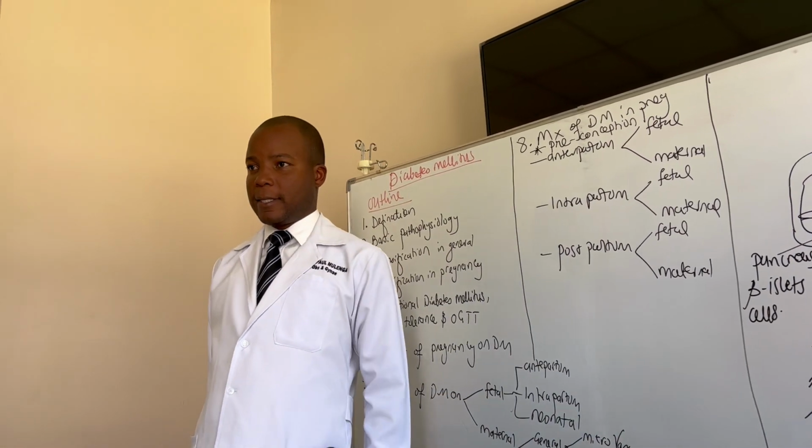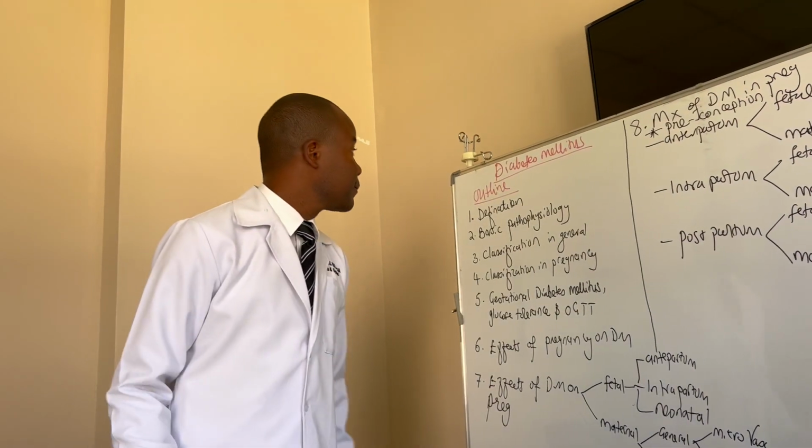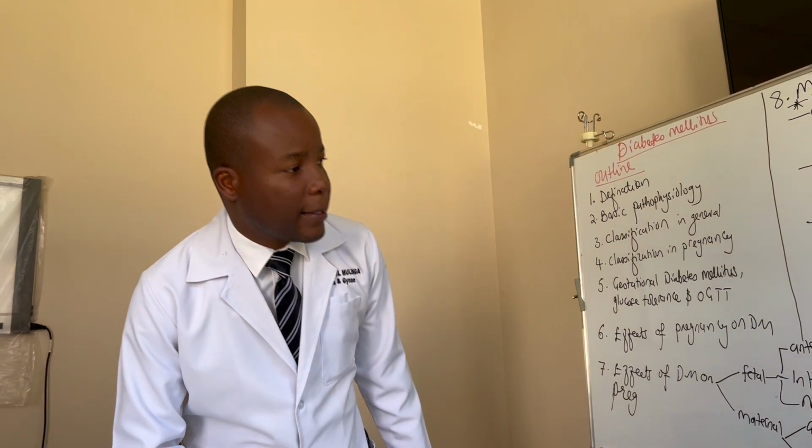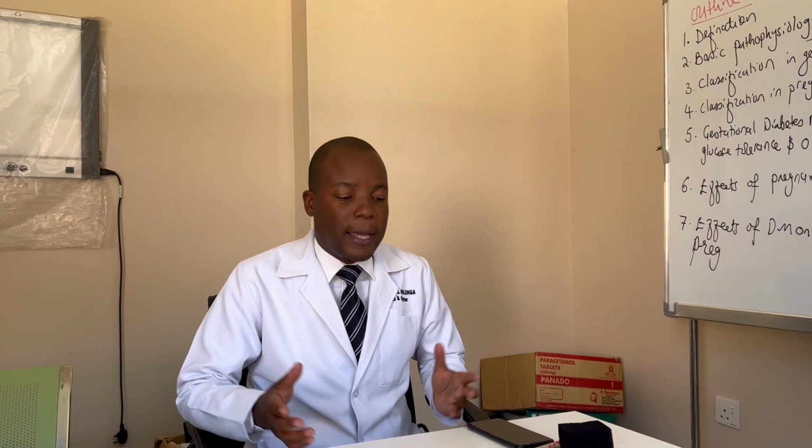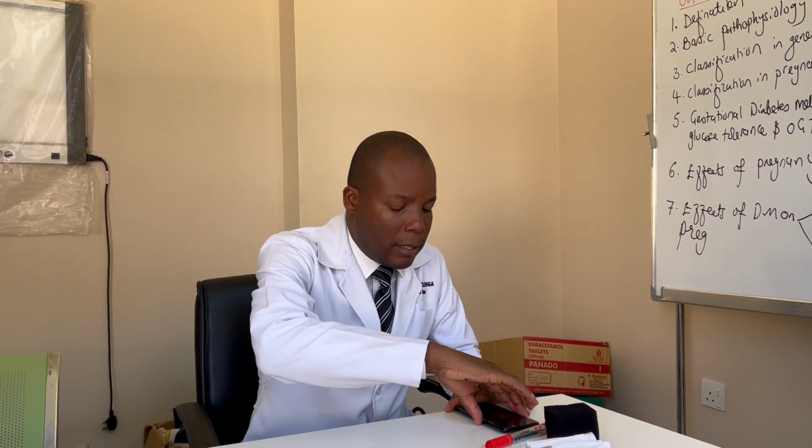So that's the simple outline that we'll go by. Again, suffice to mention that there are notes with respect to this lecture, and so I'll just highlight the important aspects that will need to be discussed for us to appreciate this topic a bit more.